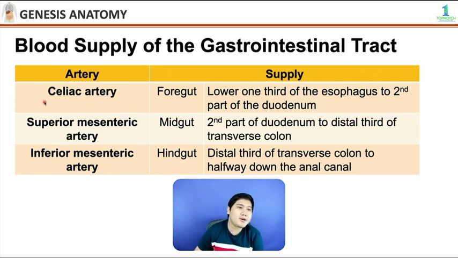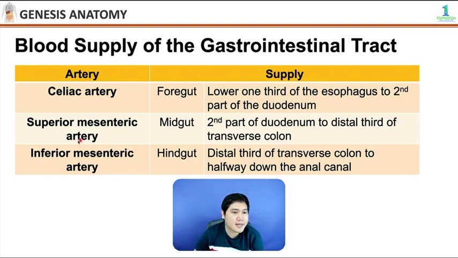In summary, your celiac artery will supply the foregut, which covers the structures from the lower third of the esophagus down to the second part of the duodenum.